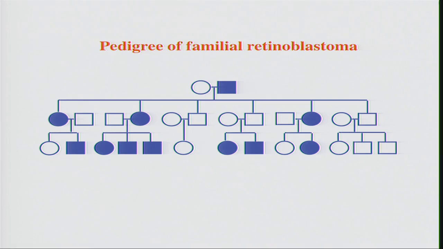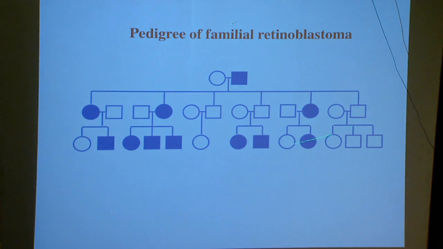And I showed you briefly this pedigree, which is a pedigree of familial retinoblastoma, where the individuals inherit a defective copy of the RB gene, and as such are predisposed to the development of this tumor of the eye. And in fact, they will develop the tumor typically in both eyes, and typically multiple foci of tumor. So they inherit a defective copy of the gene from one parent, and they go on to develop the disease at high frequency.